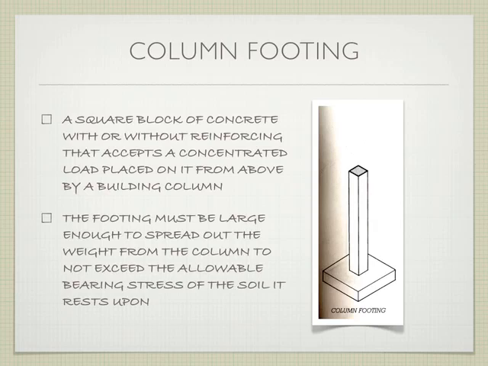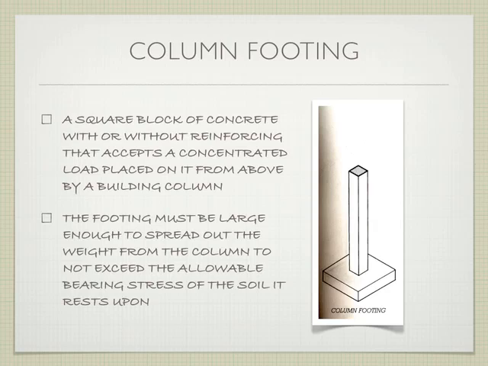So we have a square block of concrete underneath the column, and basically what it does is it accepts a concentrated load from the building. We had all those load factors: the dead load, the live load, the wind loads, the snow and the rain, all that stuff is coming down, or up in some cases, through this column. It's a very concentrated load because we're taking that load from the building itself and pulling it all into this one column and putting that weight on the ground.